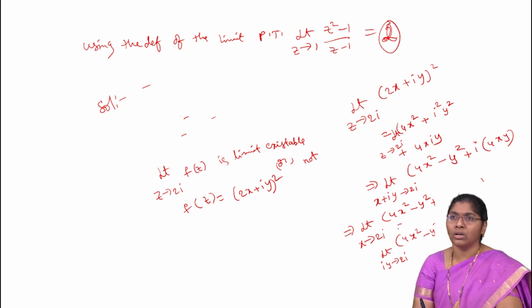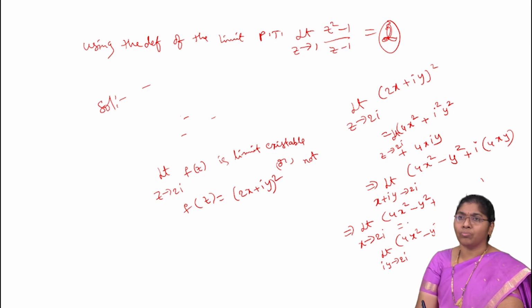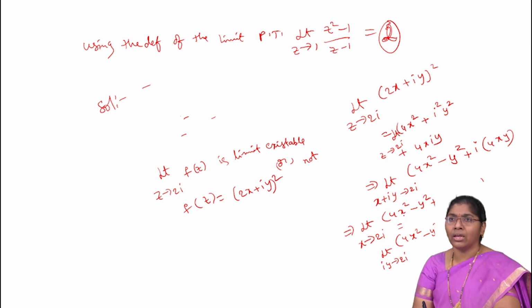Now in this condition, I am substituting x tends to 2i. That is 4 into (2i) whole squared. (2i) whole squared means 4 i squared, that is minus 16. y squared is constant, and plus 4i into 4y, where y is constant, 2x means 2i overall.